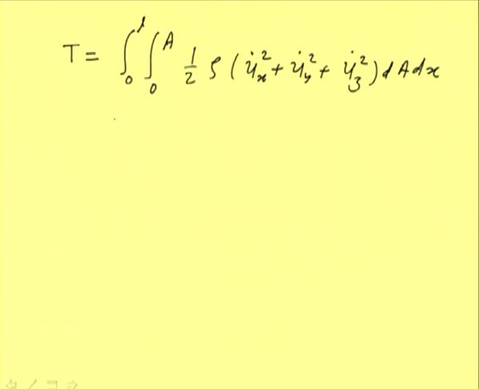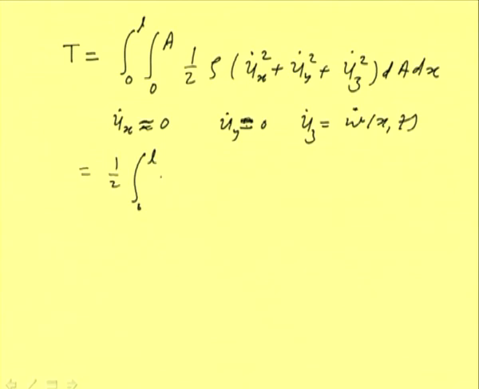In this velocity, or this is approximately 0, u y is already 0, and u z will be w x t. So if you substitute this, we'll get the kinetic energy of the system like this.